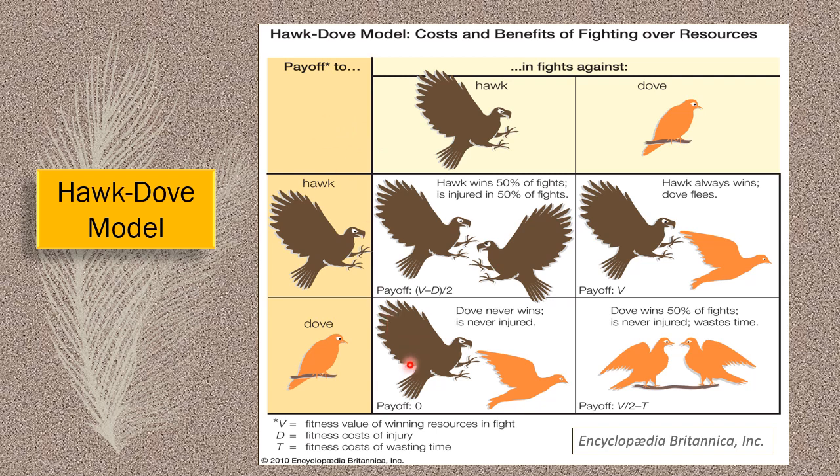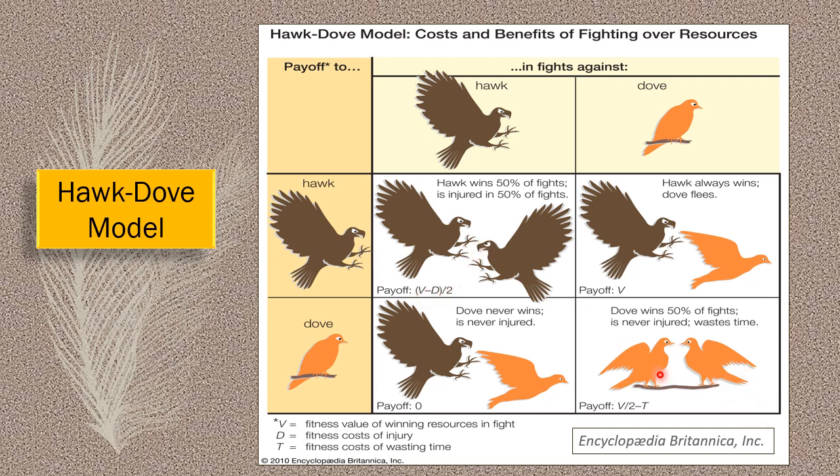So here V is the fitness value of winning resources in a fight. D is the fitness cost of injury and T is the fitness cost of wasting time. So here in this case, when two hawks fight, then the payoff will be (V minus D) by 2.